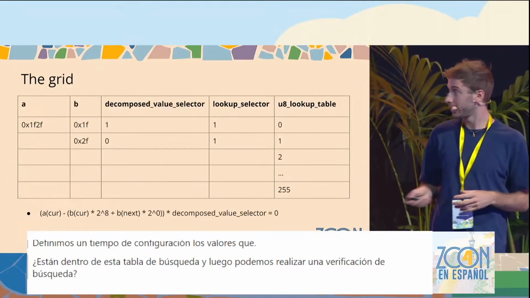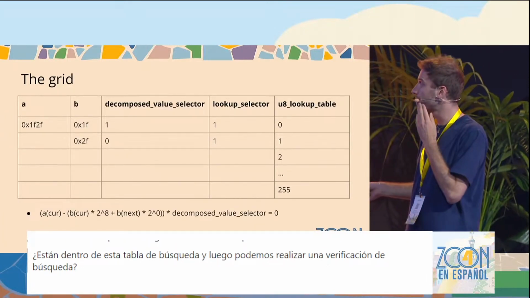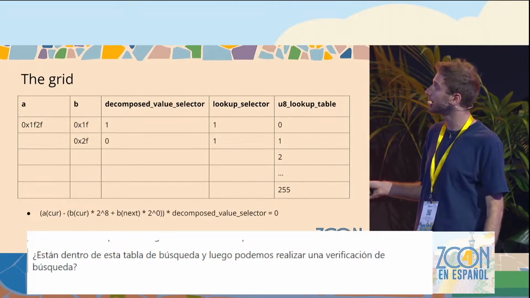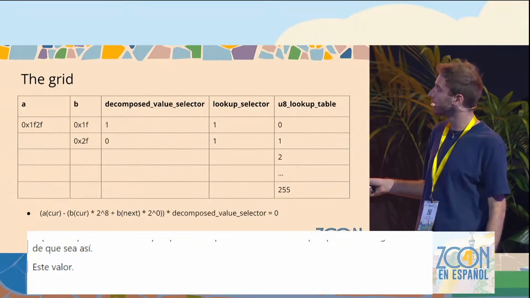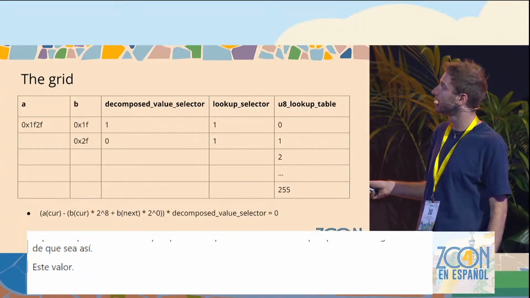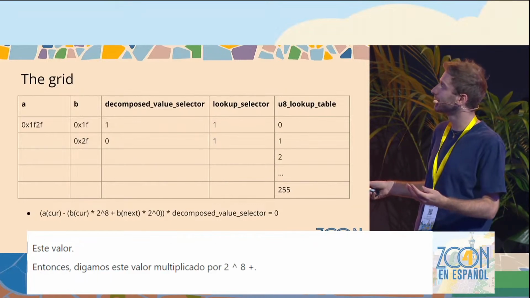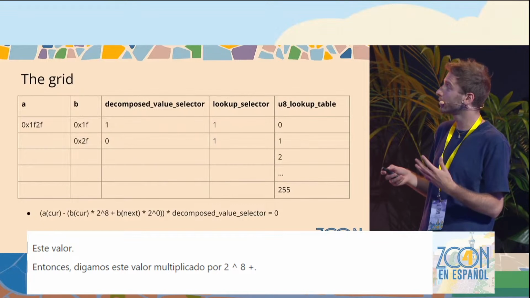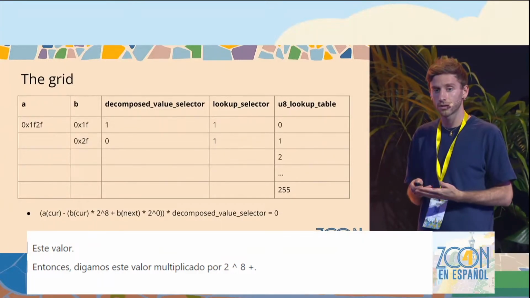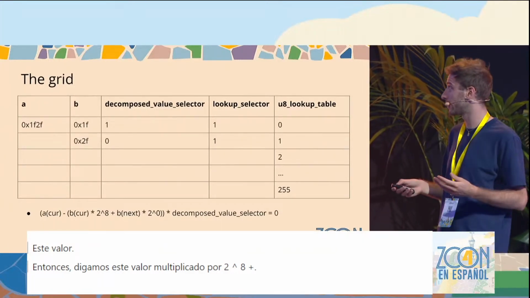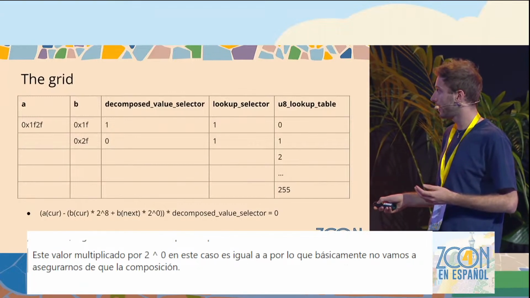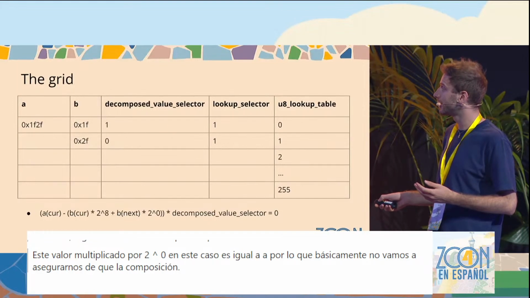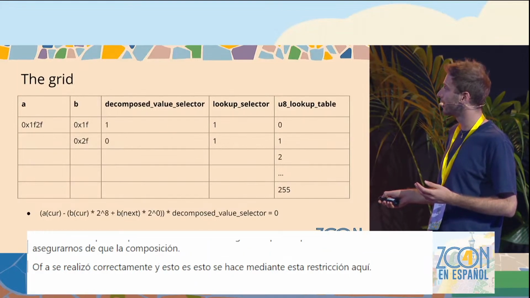So the first type of constraint that we want to apply is to make sure that this value multiplied by 2 to the power of 8 plus this value multiplied by 2 to the power of 0 is equal to A. So we want to make sure that the decomposition of A was performed correctly. And this is done by this constraint here, and the constraint is activated by the decompose value selector.